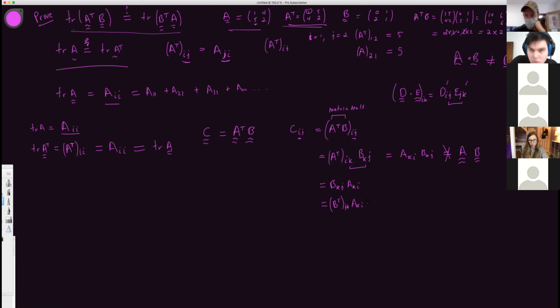If you look, this is now C transpose, because this is C_JI, which is the transpose of C_IJ. And the transpose of a matrix is equal to its original, fine, but we're not actually trying to prove that. We're trying to show that the trace is equal.